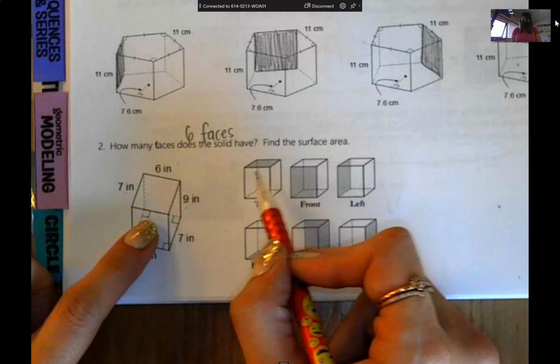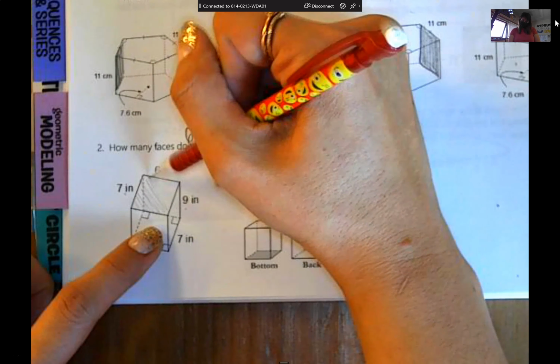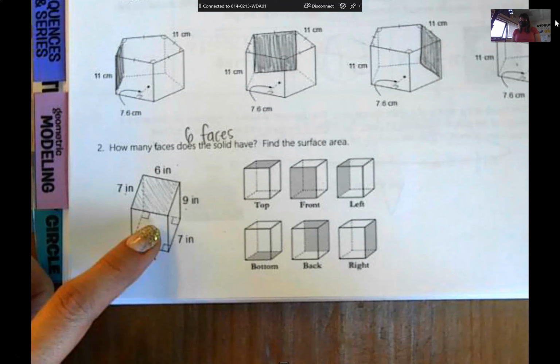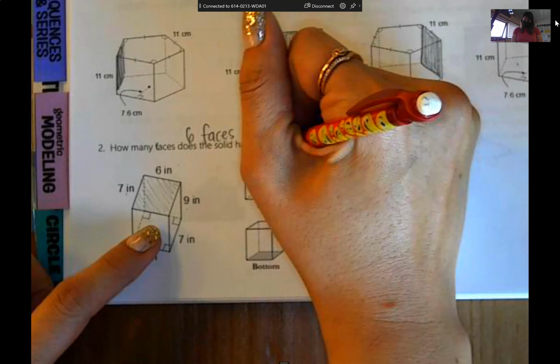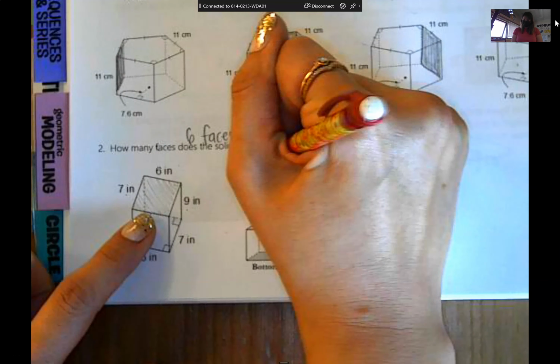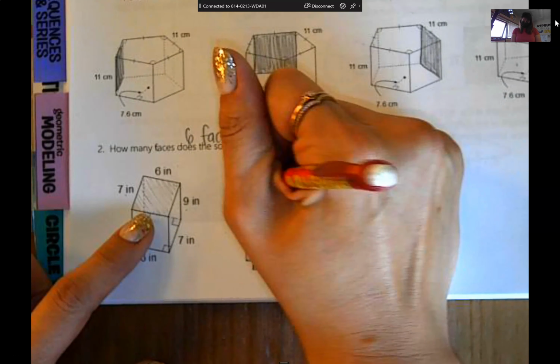So the top would be this part. Its area would be length times width. So to find the area of the top, we would do 7 times 6. What's that? 42.